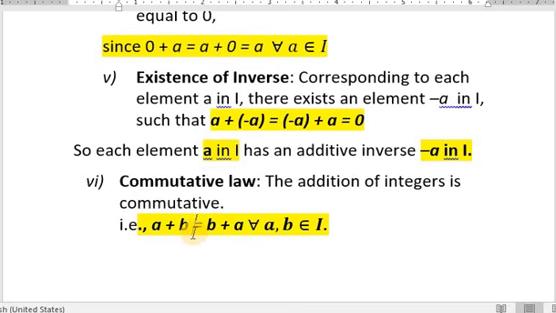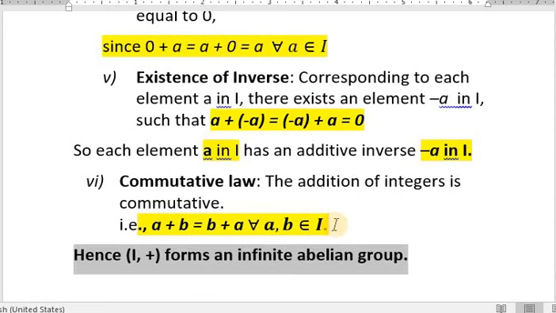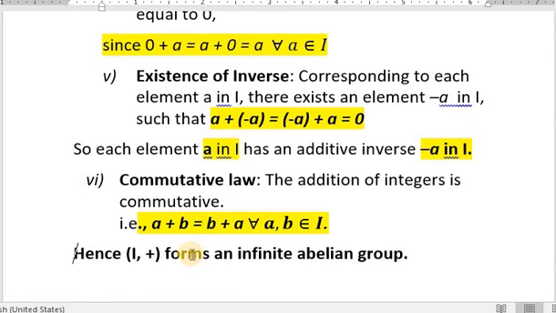So that is symbolically a plus b is equal to b plus a for all a, b belonging to I. Now see, all the 4 properties of the group and also the commutative law is satisfied. Therefore, (I, plus) forms an infinite abelian group. Thank you.